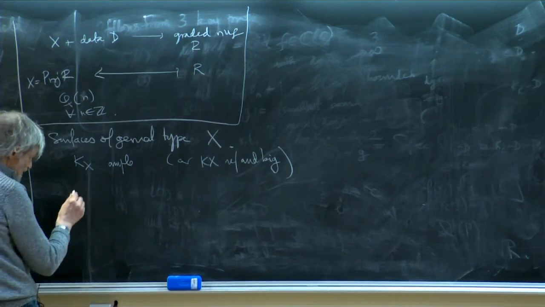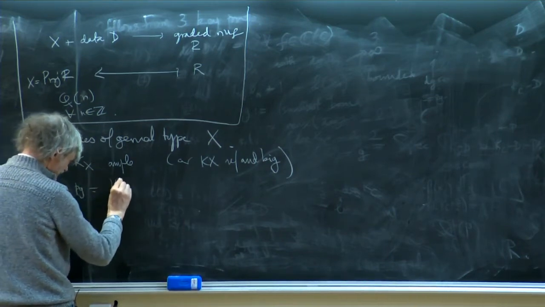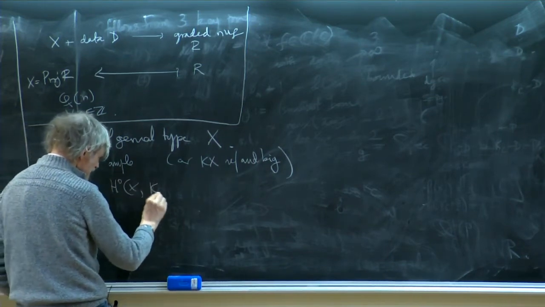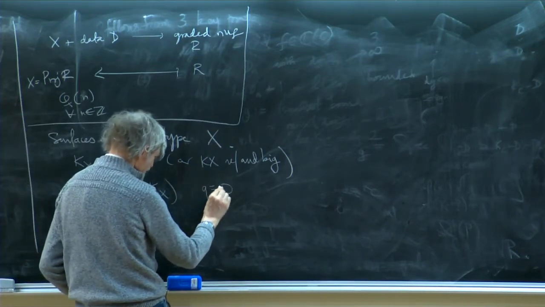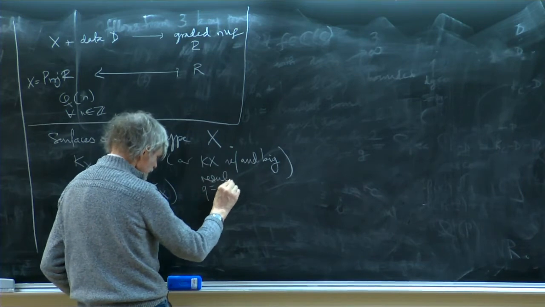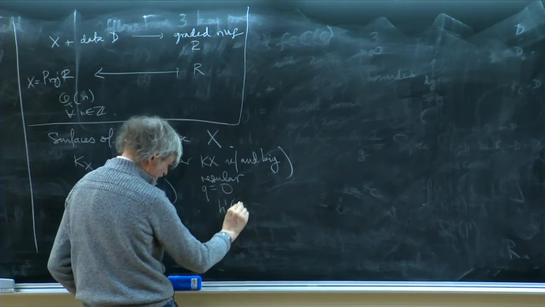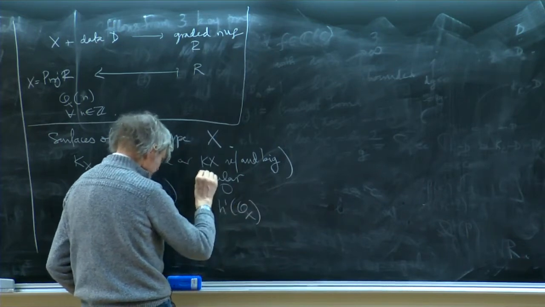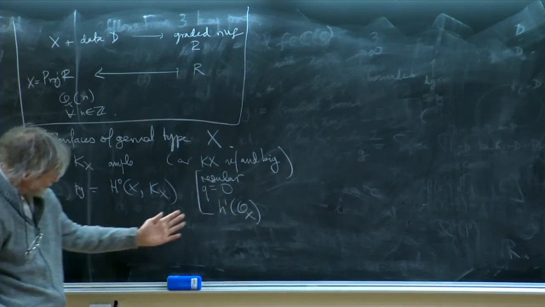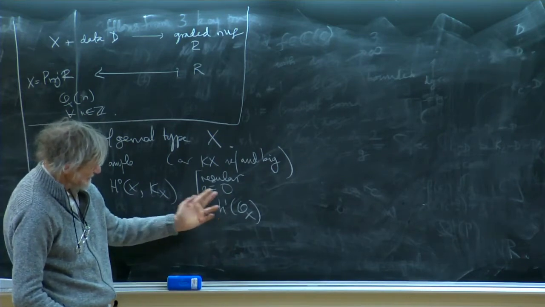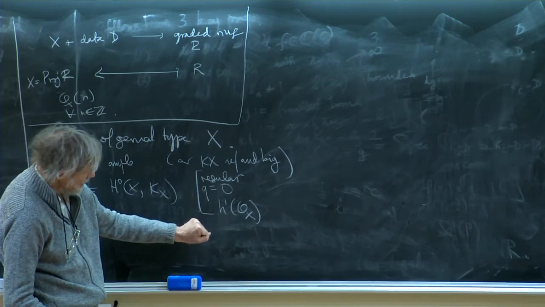Yes, I want to write pg is H naught of Kx. And I want to assume that q is 0, so regular. So q is the dimension of H1 of OX. And the kind of thing to think is most of the surfaces that I can handle have q equals 0.